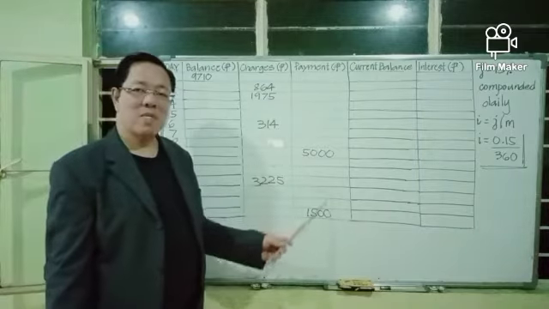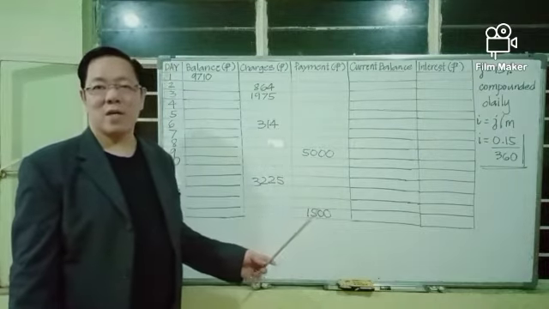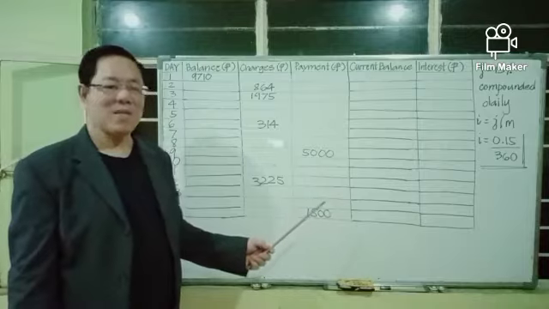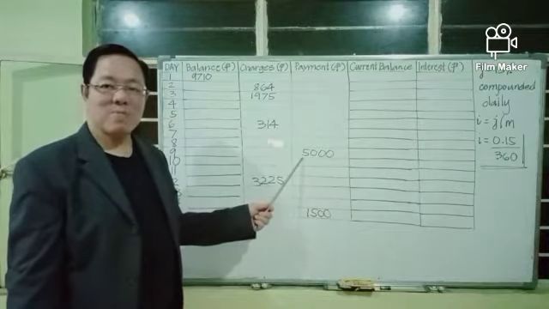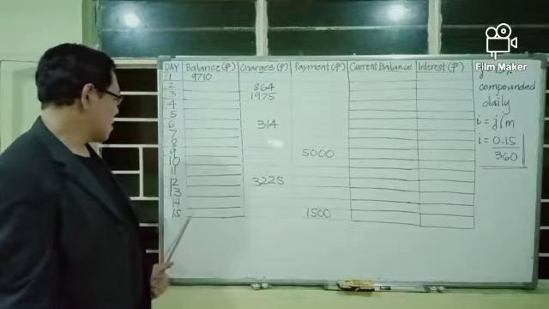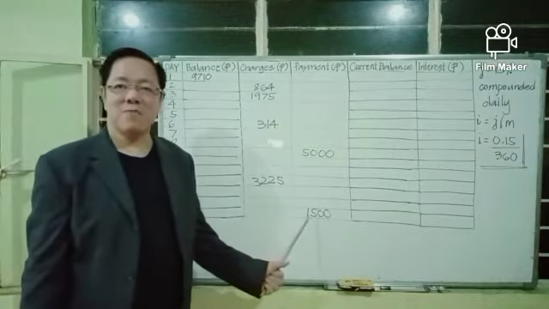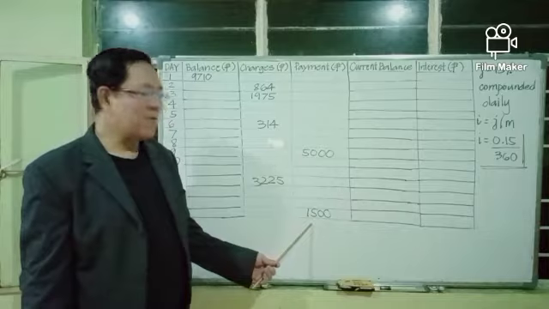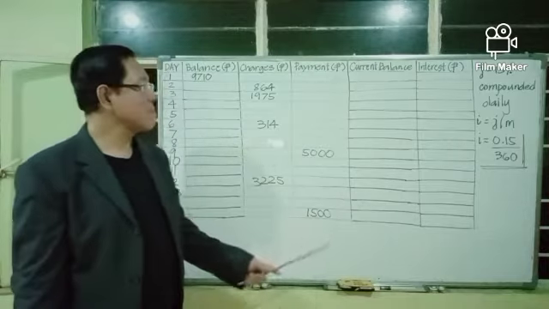And there were 2 payments made by Nina to the bank to reduce her balance in her credit card. The first payment was made on November 9, 5,000 pesos. The second payment was made on the 15th of November for 1,500 pesos.